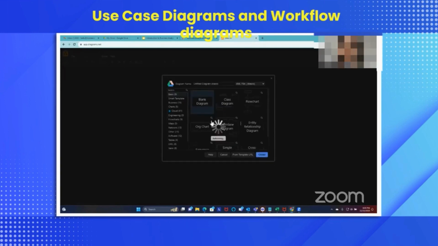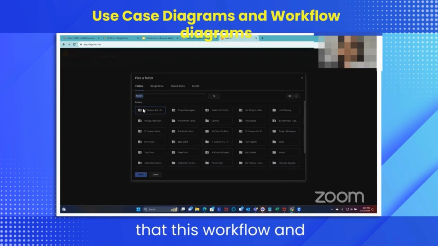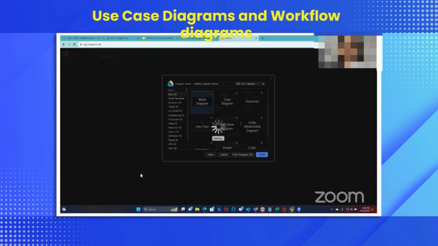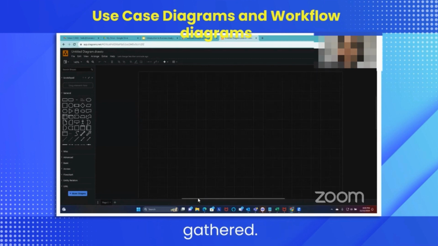Sarah, yeah, please. I just want to confirm that this workflow and the use case diagram, will I say that they are for validation, to validate the requirements I've gathered?